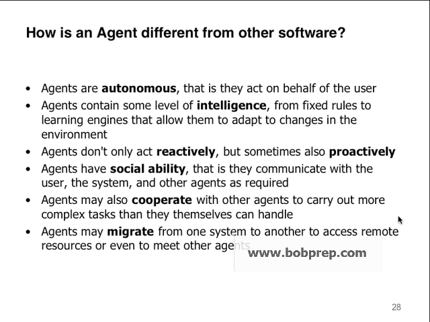Basically in concept. So how's the agent different from other software? Agents are autonomous. So they act on behalf of the user. The first thing that comes to mind when you're developing agent solutions is, how do I know if this is an agent? And how do I know how to divide out the software program into different agents?